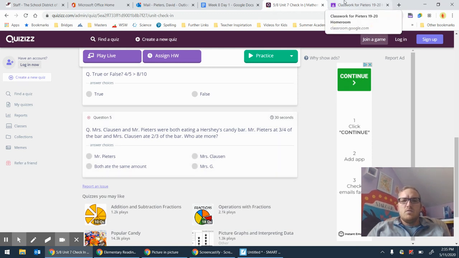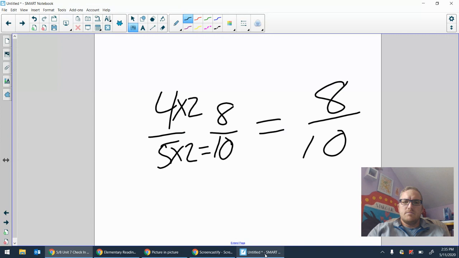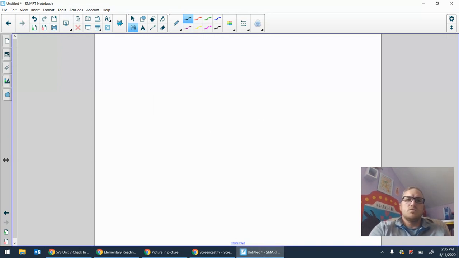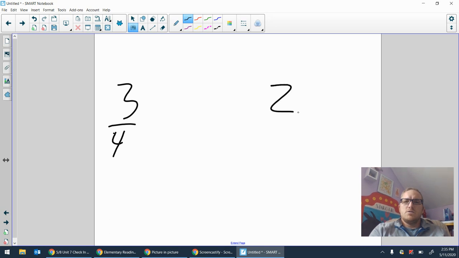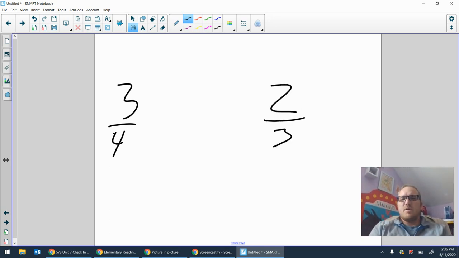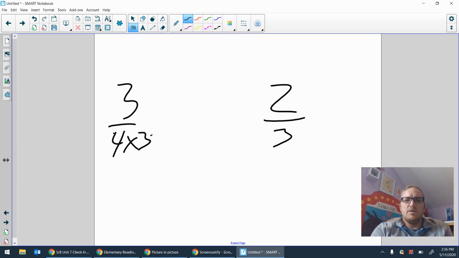But when we're comparing our fractions, once again, we can do multiplication. So we're doing 3/4 for me, 2/3 for Mrs. Clausen. And if I think about what number they share in common as a multiple of them, I'm going to go to the number 12. So I'm going to do the bottom times 3, which equals 12. And then I need to do the top.